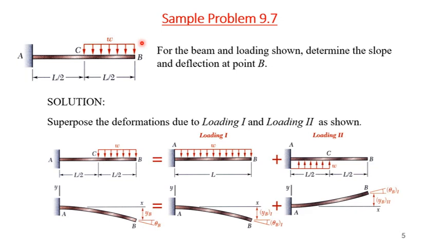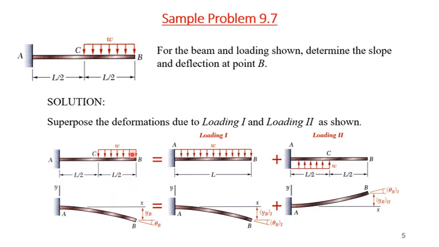This can be divided into two loadings. If you consider the whole distributed load as loading 1, minus the distributed load from A to L by 2 as loading 2, then if we add both of them, it will give me the original scenario.